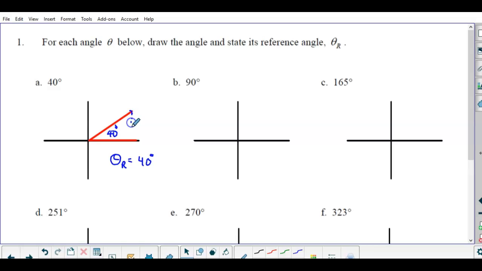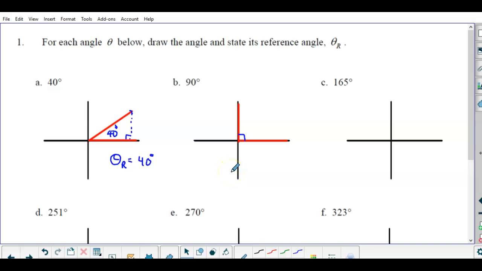You can draw a triangle if you need to, although we don't need to for this work. Okay, 90 degrees. So 90 degrees has the initial arm here, terminal arm here. We can actually just use that little square.